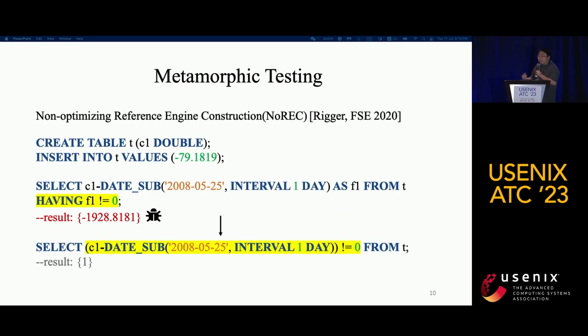But this line of work can suffer from a very high false negative issue. For example, in this case, this select statement actually triggers a logic bug. But if we just construct this query by moving these predicates as the selected values, we will find that this metamorphic relation is not violated.